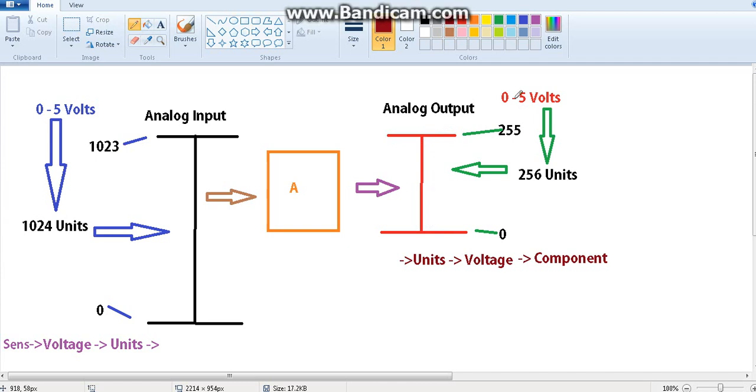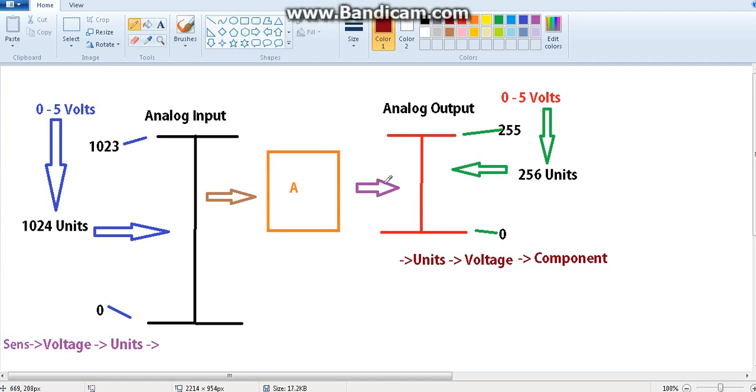So Arduino will take the scale with the 0 to 5 voltage divided into 256 units, and Arduino will take your input value as well, and using the scale it will find out which voltage value your input value represents, and Arduino will give that voltage value as the output.